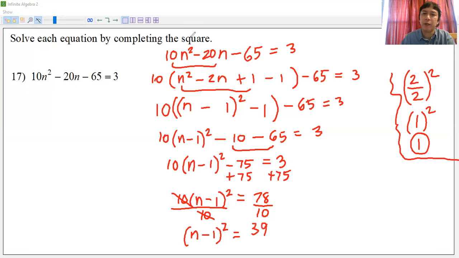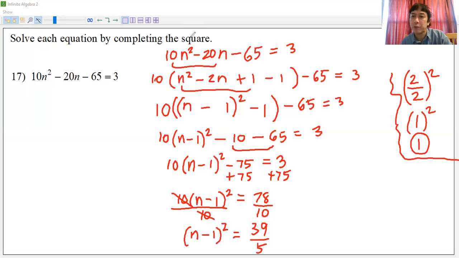The 10, you divide by 2, it's a 5. So we divided the numerator and the denominator by 2, making it 39 over 5. 78 divided by 2 is 39, and 10 divided by 2 is 5. So we have a lower level fraction, 39 over 5.